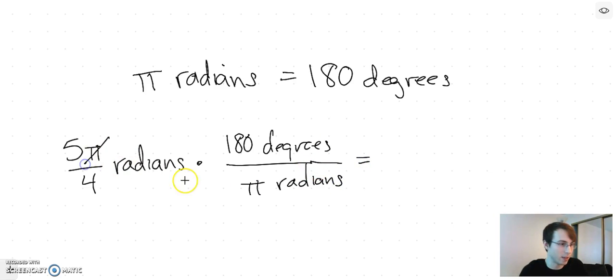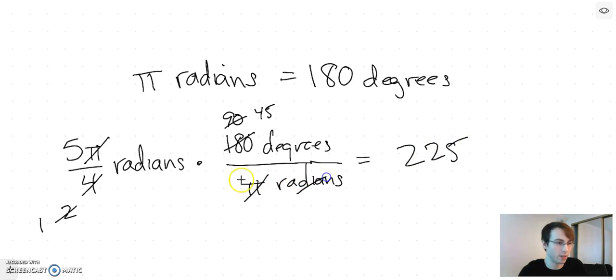So the pi's will cancel out, and then we can take this down to 2, take this down to 90, then take this down to 1, take this down to 45. So 5 times 45, that's 225. Radians cancel also. So 225 degrees. So 5 pi over 4 radians is 225 degrees.